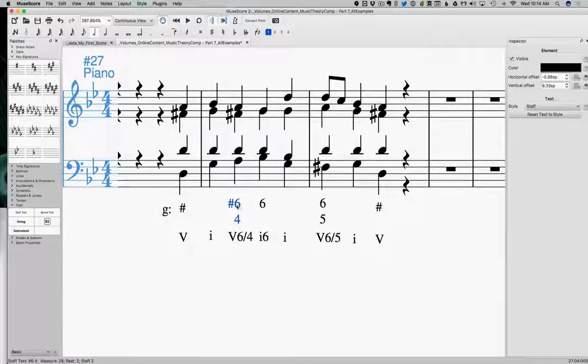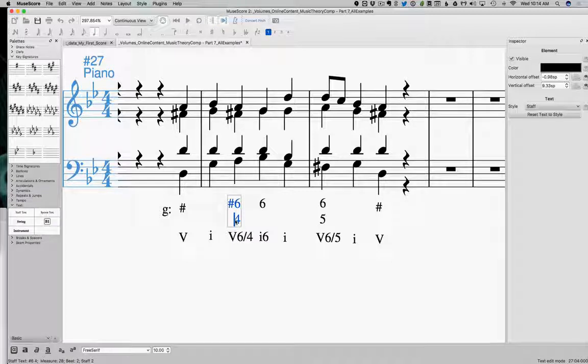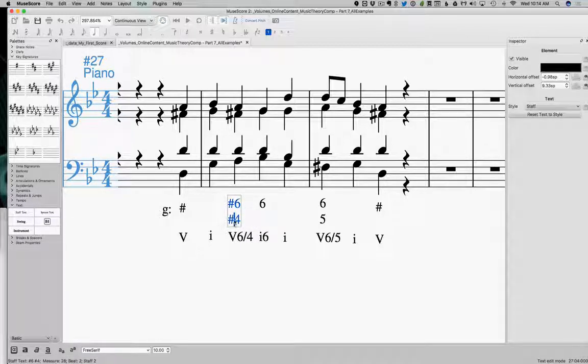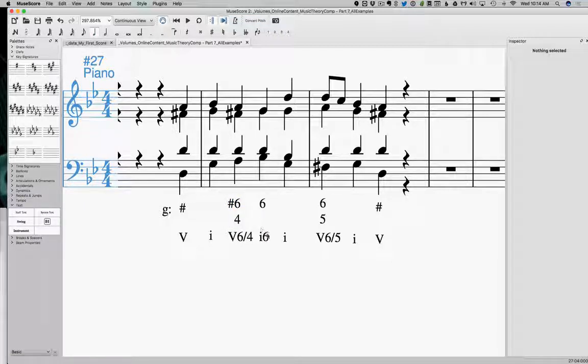So this is a sharp 6, not a sharp 6 and a sharp 4. If it was a sharp 6 and a sharp 4, it would look like this. That would be a sharp 6 and a sharp 4. So don't make that mistake. I see people make that all the time, that they assume the sharp or the flat or the natural applies to all the notes when it only applies to one.